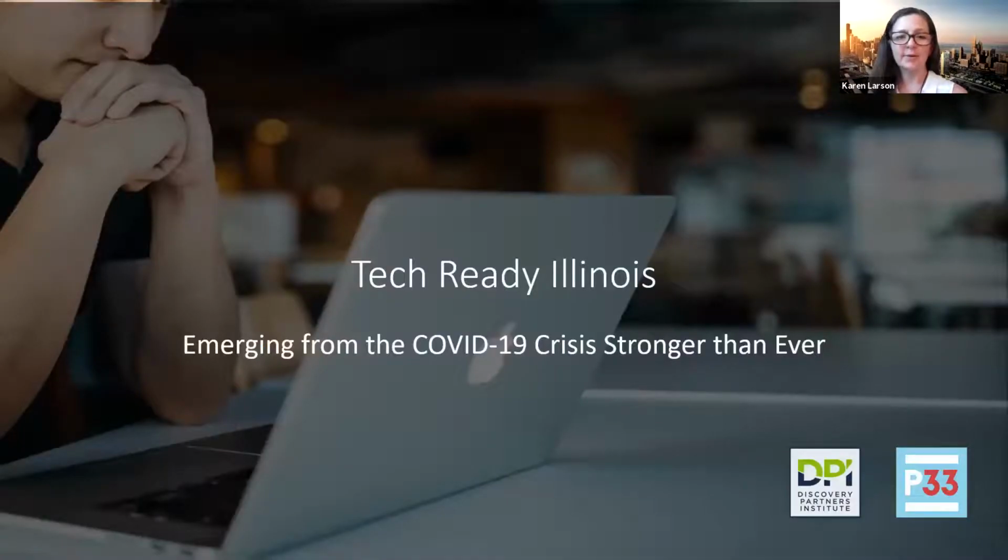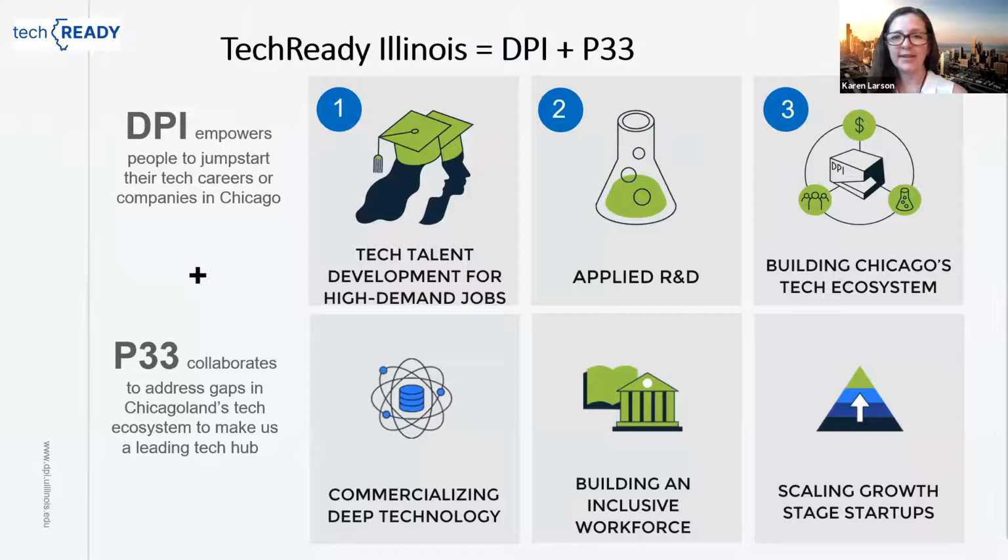Go ahead and forward it again. Thank you. As I said, Tech Ready is a product of 2 organizations, DPI and P33. DPI empowers people to jumpstart their tech careers or companies in Chicago. DPI does 3 things: tech talent development for high demand jobs, applied research and development, and building Chicago's tech ecosystem.